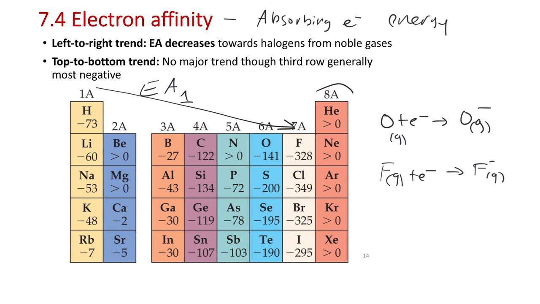Now, the top to bottom trend is kind of interesting. Again, it comes back to a trend we can't easily predict. If we think of the energy of electrostatic attraction, kappa Q1 Q2 divided by d, and compare fluorine and chlorine, should we expect chlorine to be more or less negative than fluorine?